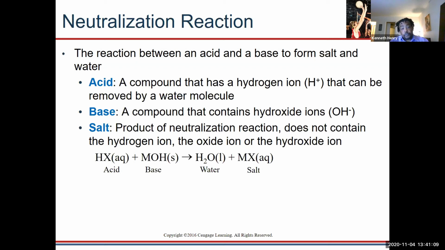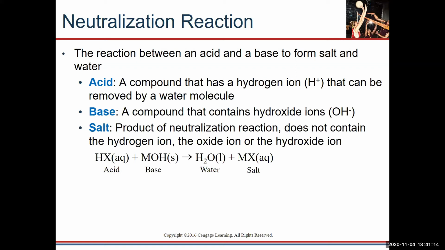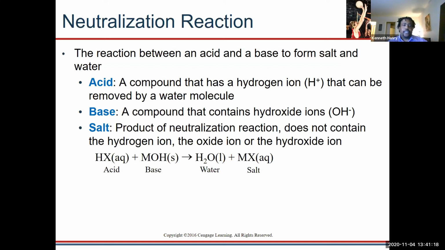Okay, so when we talk about the neutralization reaction, a neutralization reaction is a case where you're going to be using an acid and a base. Now, an acid is just a special ionic compound. We got H+, okay?